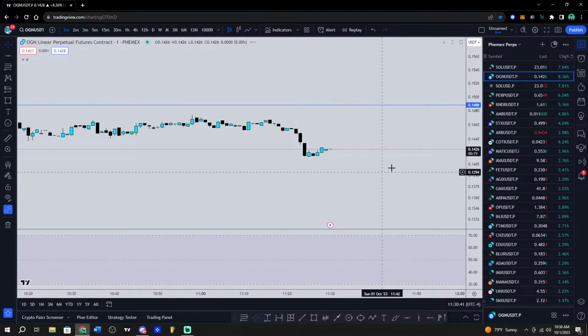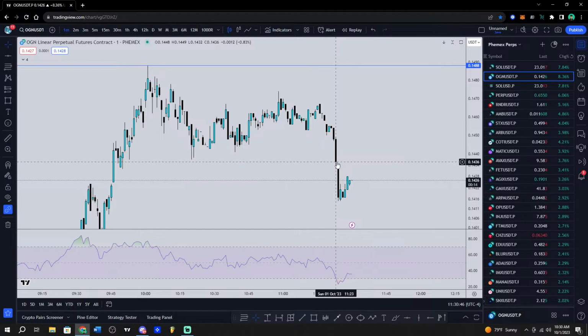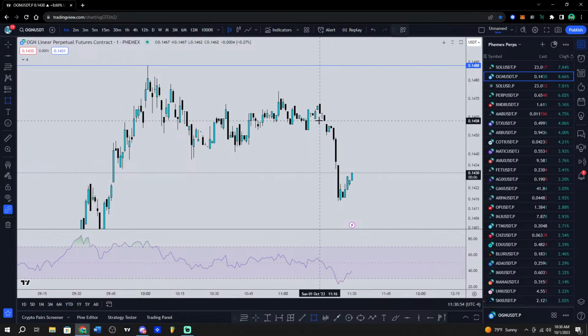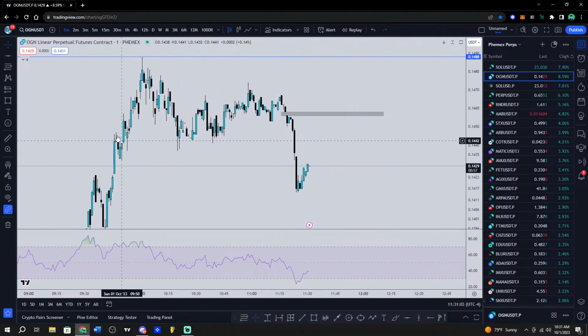If I go down to the 1 minute, I would be looking to enter somewhere. Maybe this volume imbalance. There's a volume imbalance here. There's no volume here, that's at about 14.56, 14.58. I'd probably be looking there.